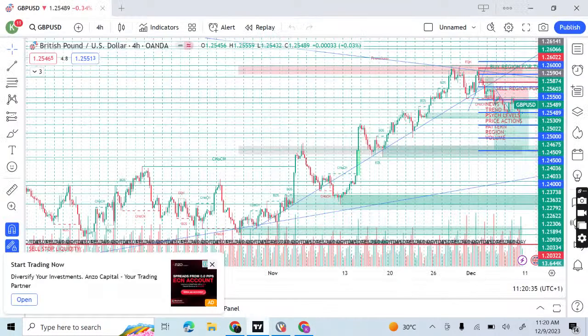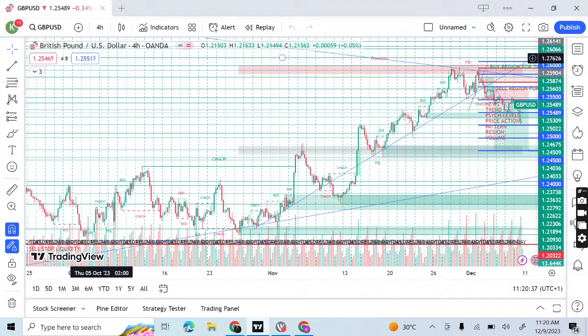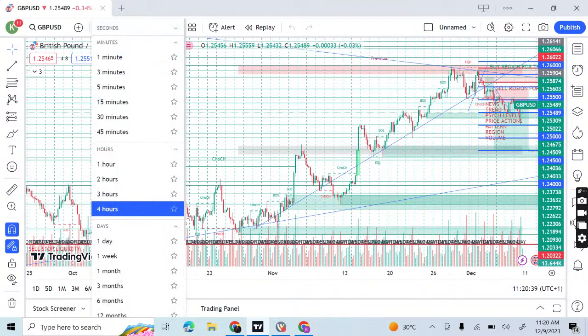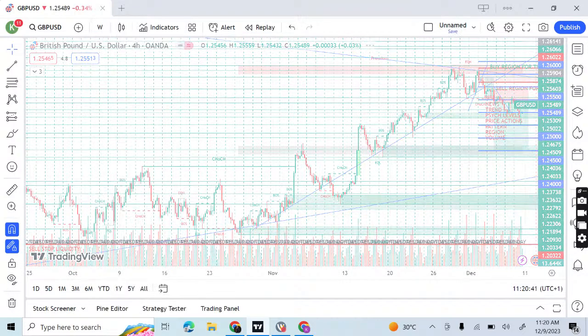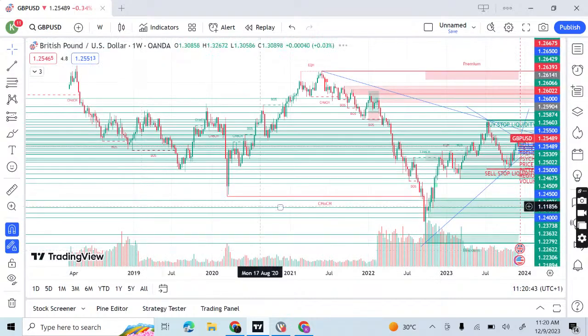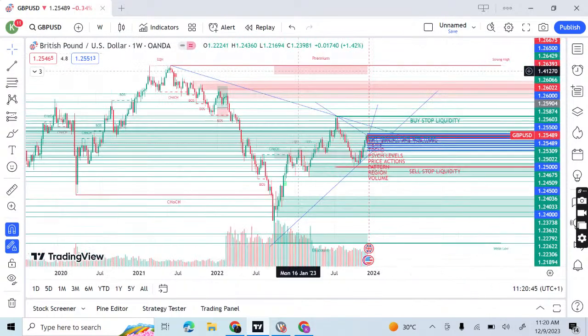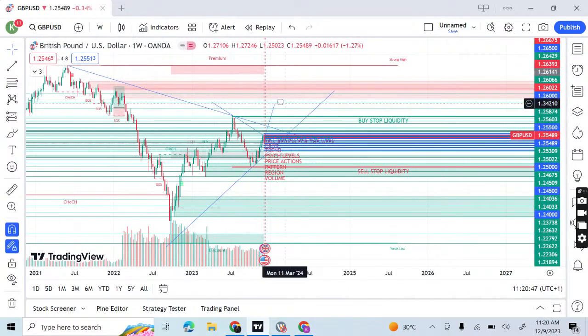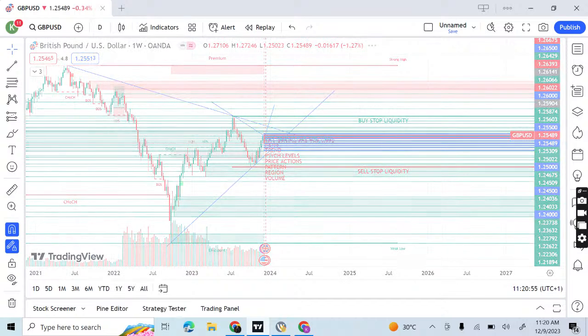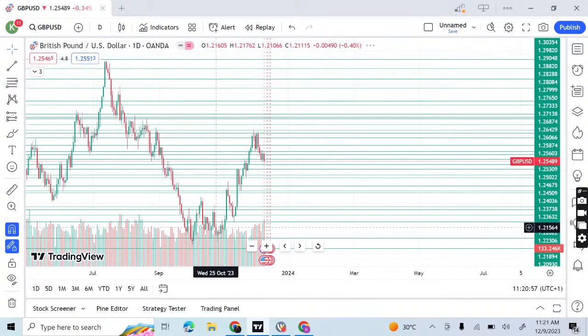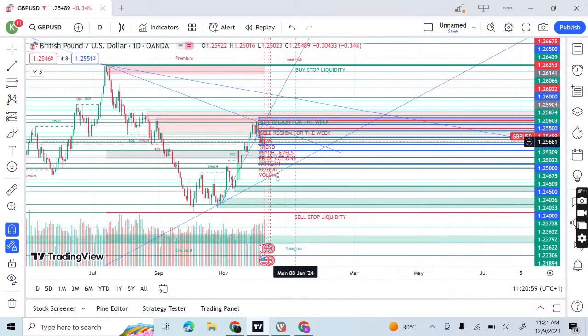So here is our TradingView app. Our analysis was done from the 1 week time frame, where we usually take price actions and trend lines, then we move straight to the 24-hour time frame, where we also take price actions and trend lines.